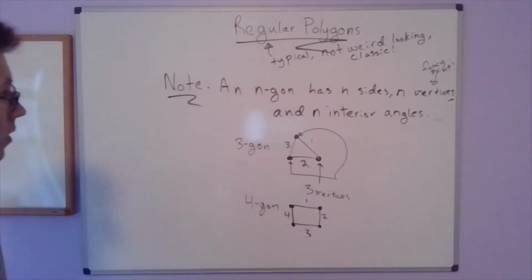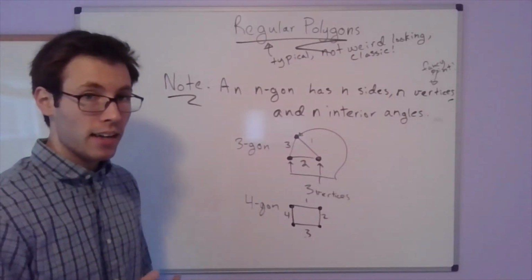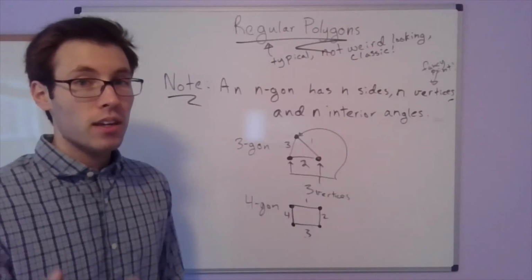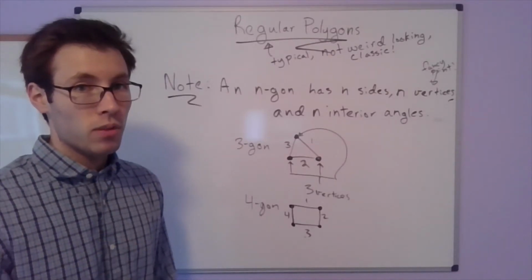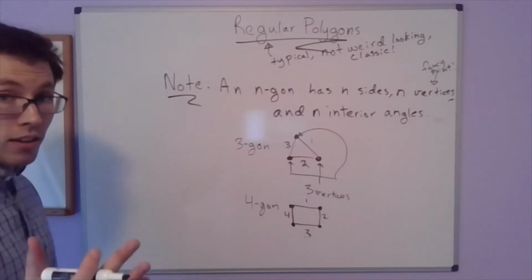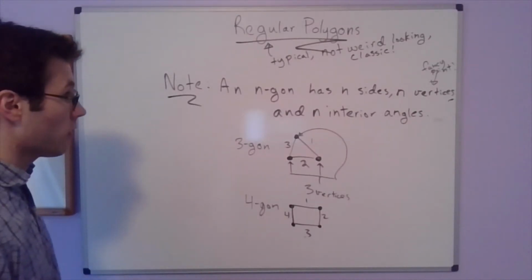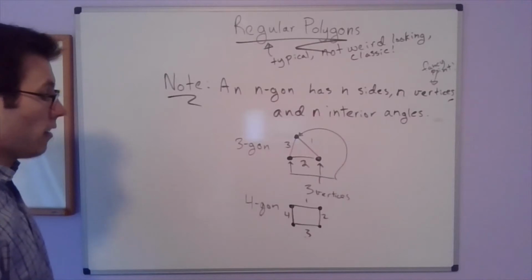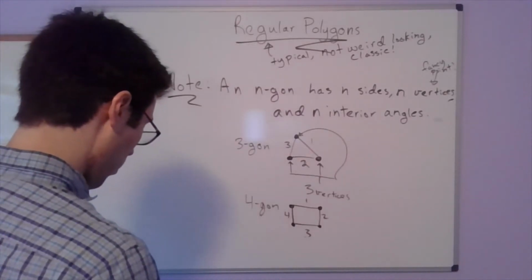All right, so that's that note. I want to draw emphasis to that. Now we can finally get into interior and exterior angles with these. I might write that down. Again, pause the video right now.